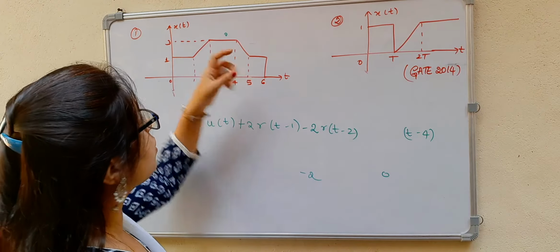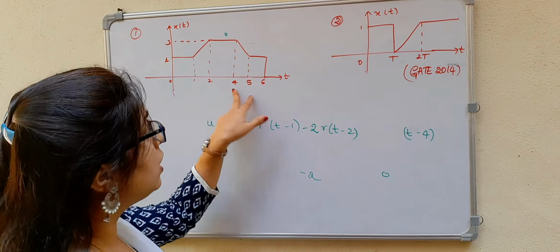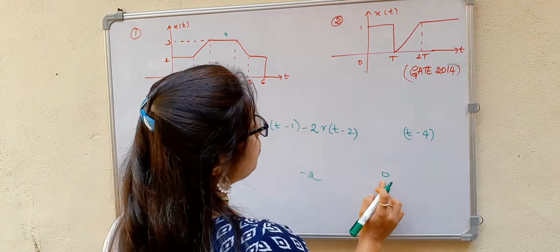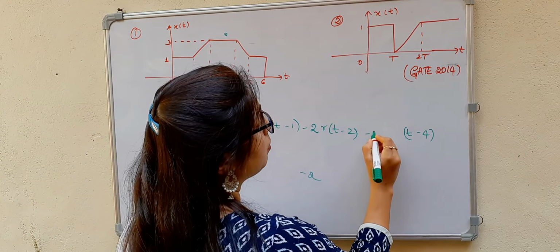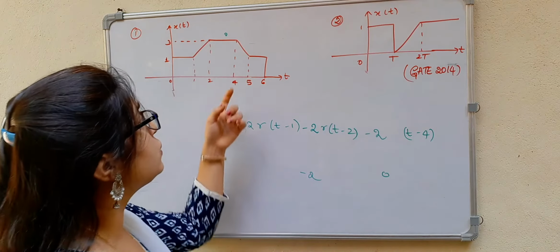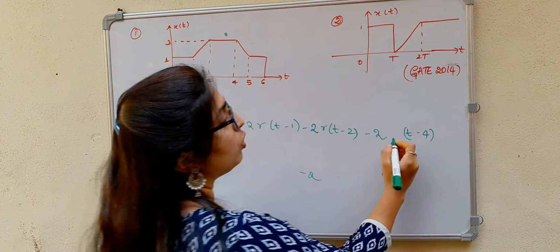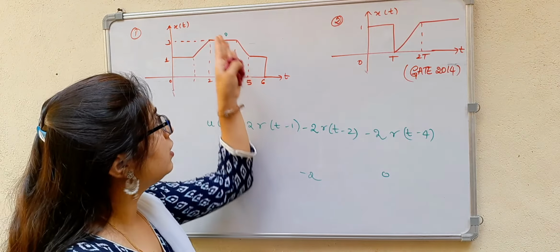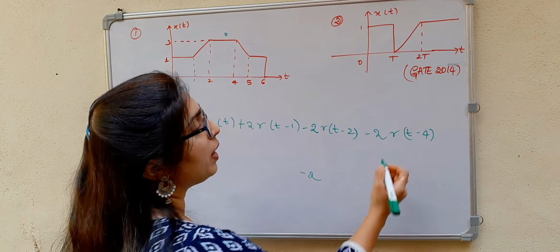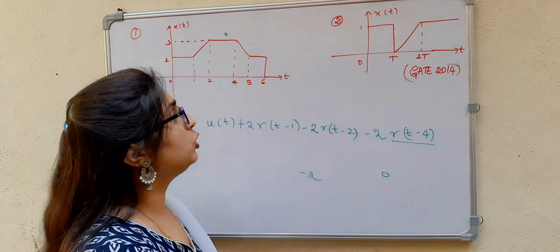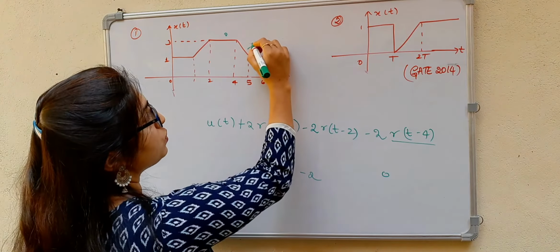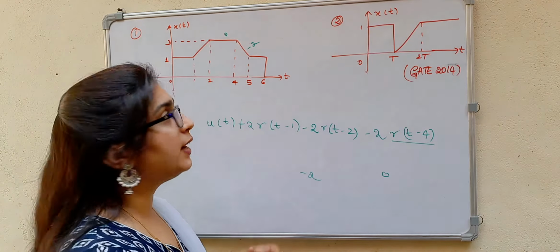The difference is 2 here, it is 1, so the negative slope will be minus 2. So from 0, I should add minus 2, and it is starting at 4. Since this is a line with negative slope, I should write it as a ramp function.